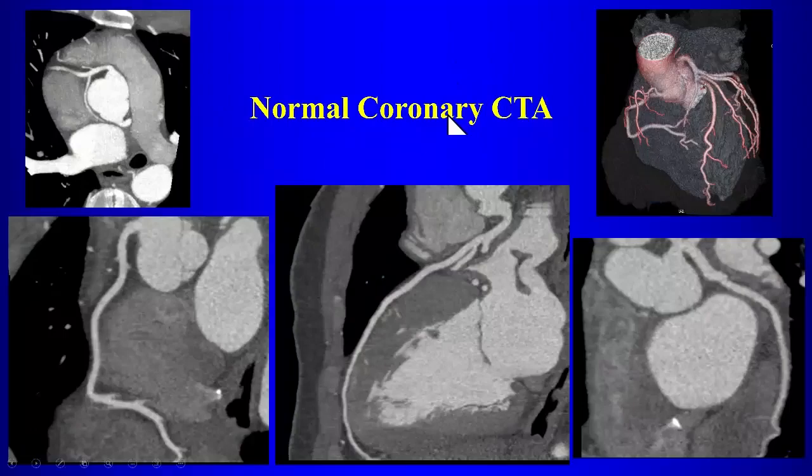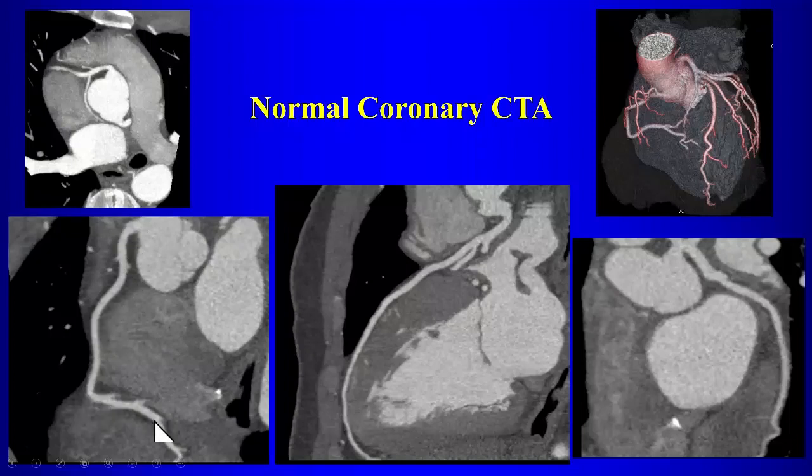Okay. So when we look at the coronary arteries on coronary CT, we have these reconstructions that we can do. These are curved multiplanar reconstructions. We like to look at the right coronary artery coming around, so we'll reconstruct it this way. We'll run a center line through the coronary artery, and then you'll see it comes around.